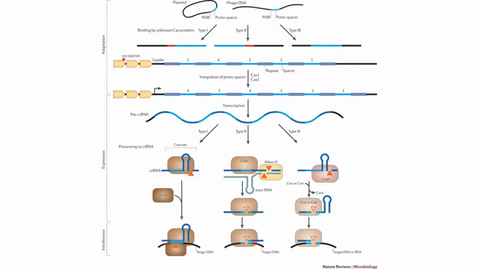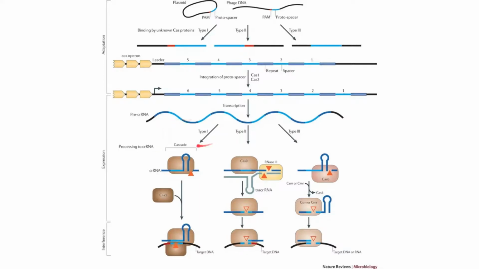There is a Cas operon, and underneath it, downstream of it, there are various protospacer genes that have been incorporated into the array. Once transcribed, a pre-CrRNA is formed, and processing of the CrRNA will lead to a mature CrRNA.